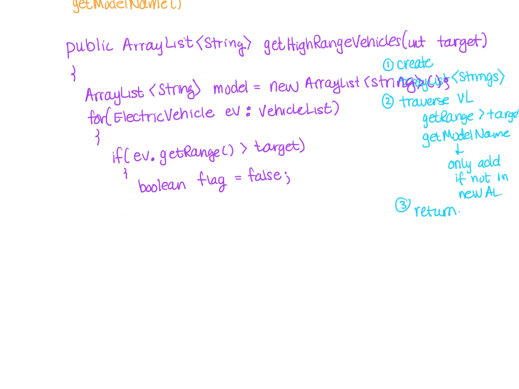Now we're going to have to traverse our new list. Our new list is just strings, so I'm going to look for a String s in model.